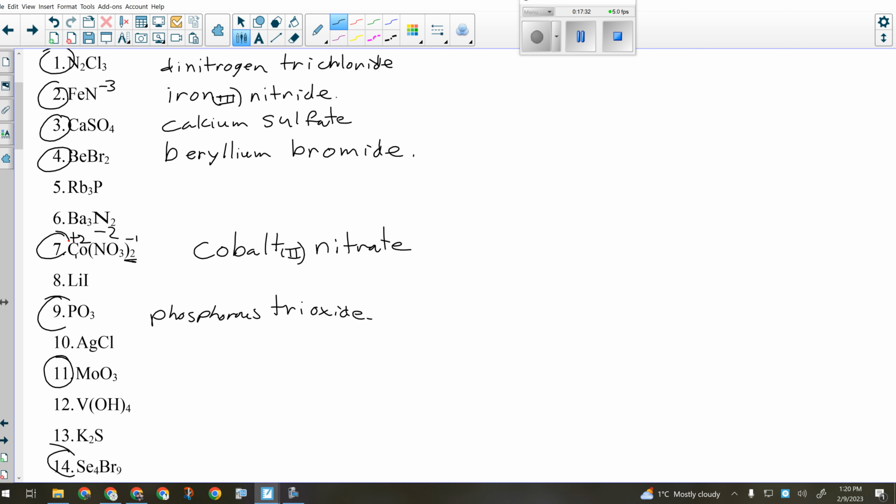Okay, number 11. What are we looking at? Ionic or molecular? It's ionic, okay, because molybdenum is a metal. All right, so we got to look at what's the charge possibly on molybdenum, because I think it's going to need a Roman numeral, is it not? Okay, so there's 3 oxygens, each one's a -2.